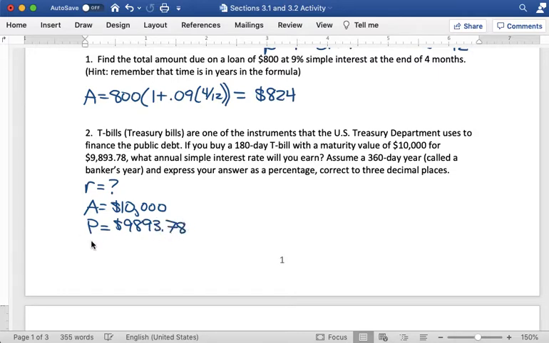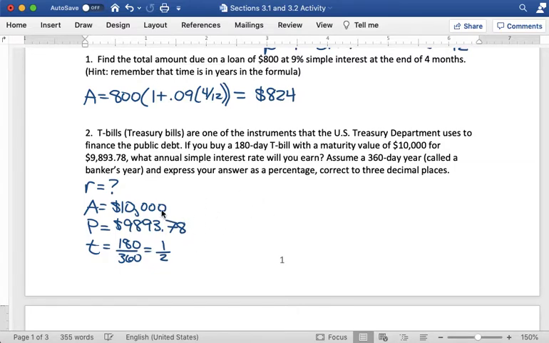And then our T, our time, is a 180-day bill. So it's 180 days out of 360 days. That's half a year. And you can see if I use 365, that wouldn't simplify as nicely to 1/2. So it's just something that makes the calculation a little bit easier, again, if you had to calculate it by hand, which fortunately we do not have to do.